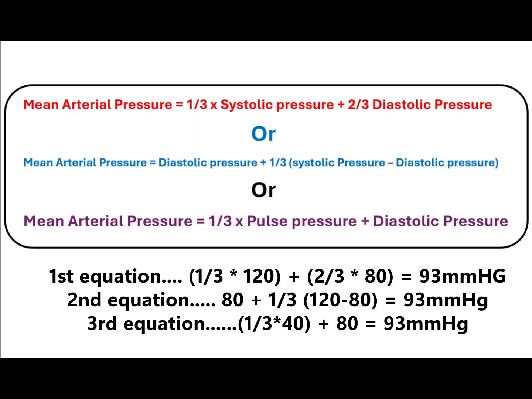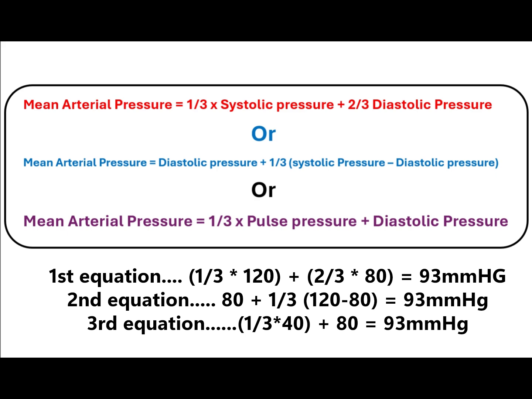Mean arterial pressure equals 1/3 systolic pressure plus 2/3 diastolic pressure. Mean arterial pressure equals 1/3 (systolic pressure minus diastolic pressure) plus diastolic pressure. Mean arterial pressure equals 1/3 pulse pressure plus diastolic pressure.